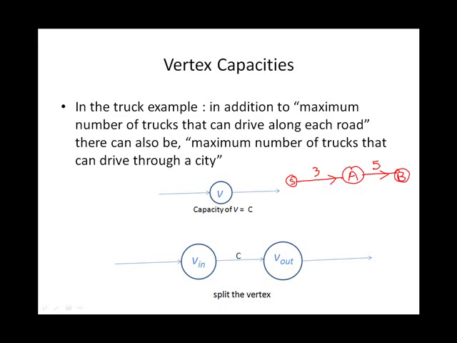Now what if we have a capacity constraint on the vertex A also? Let's say the number of trucks that pass through A should not be more than 2.